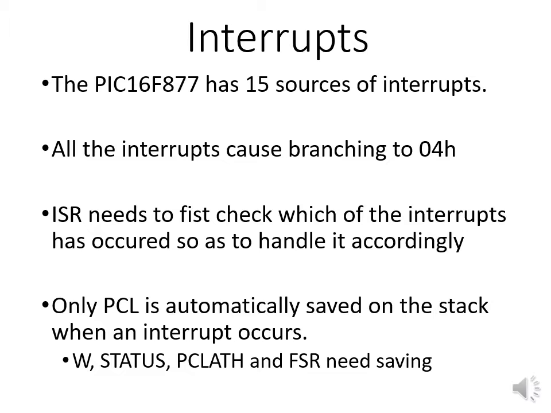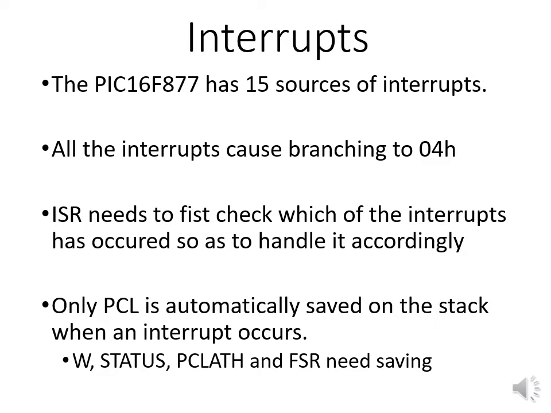Because all the interrupts cause branching to the same address, there is need for the ISR to first check which interrupt has occurred so as to handle it accordingly. Checking is done through checking the states of the various interrupt flags.